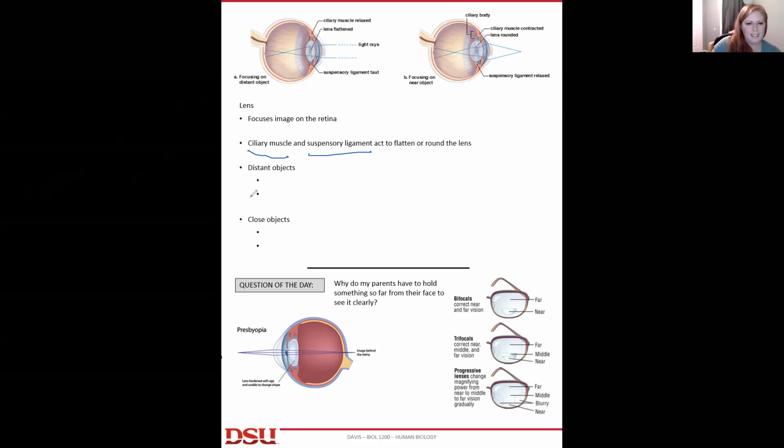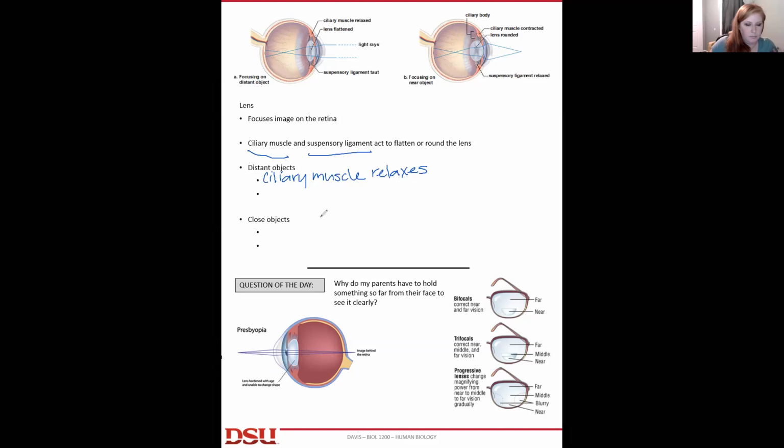So for distant objects, the ciliary muscle is relaxed. As the ciliary muscle relaxes, the suspensory ligaments flex and tighten, if you will.